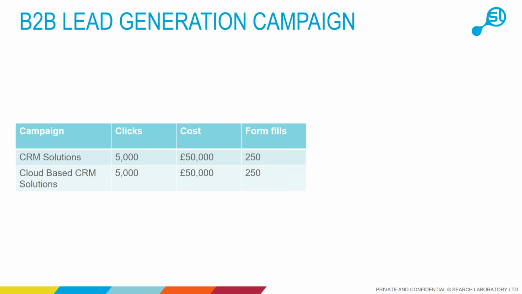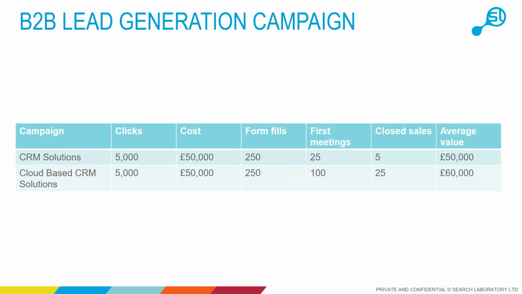You'd be forgiven looking at those two keyword campaigns for thinking that they're indifferent, that they're performing equally as well as each other, and you'd probably push budget towards them equally. But then if you supplemented that with what goes on once that form has been filled in and what goes on offline with your sales team, you might get a very different picture.